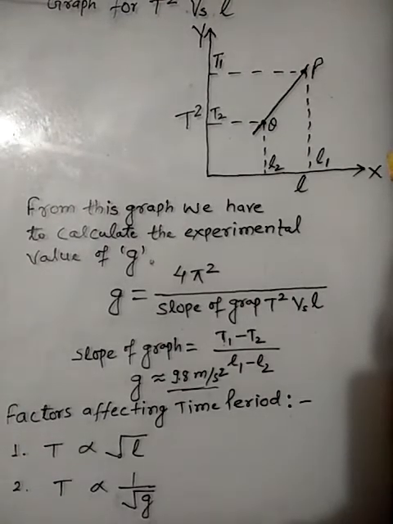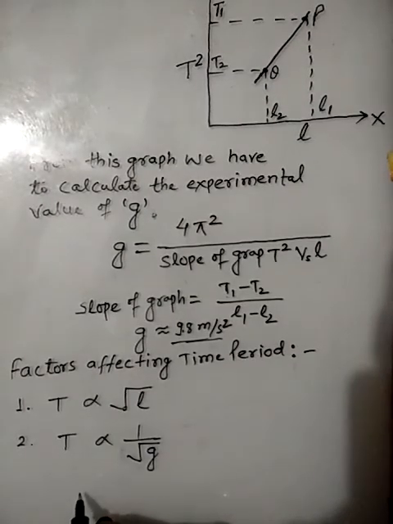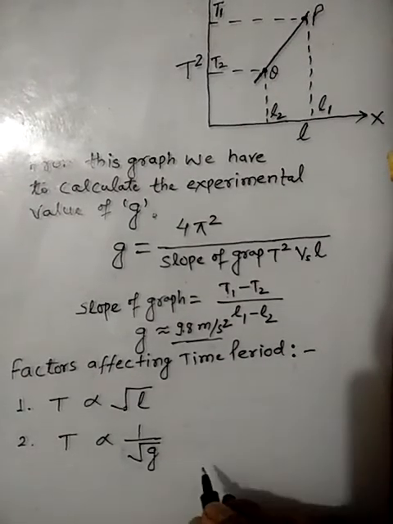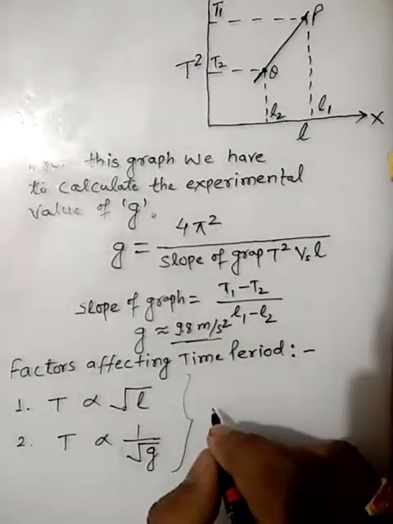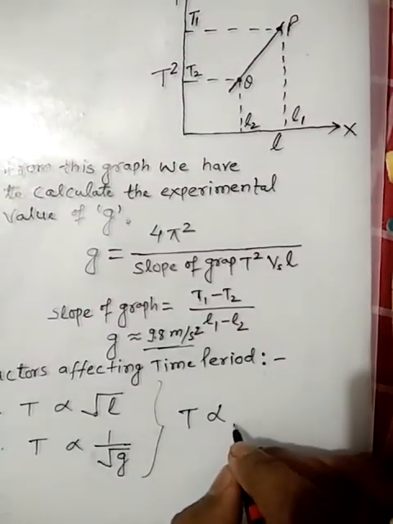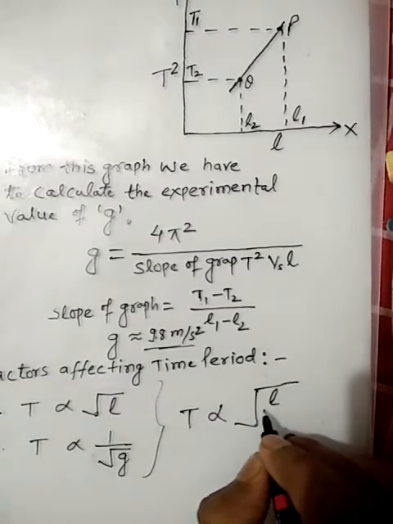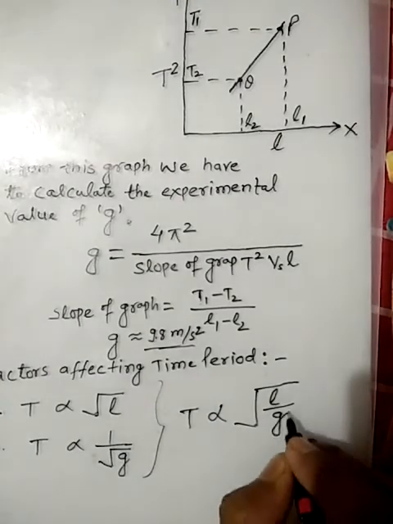If we conclude both statements, we can write that T is directly proportional to the square root of length of the string and acceleration due to gravity.